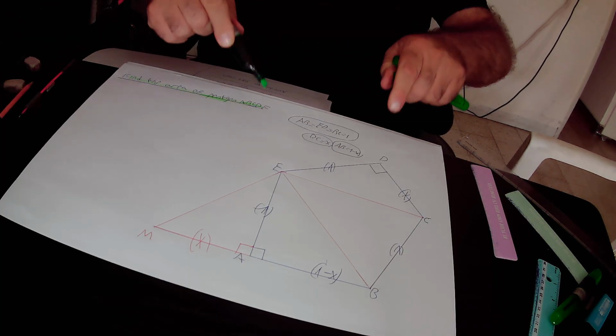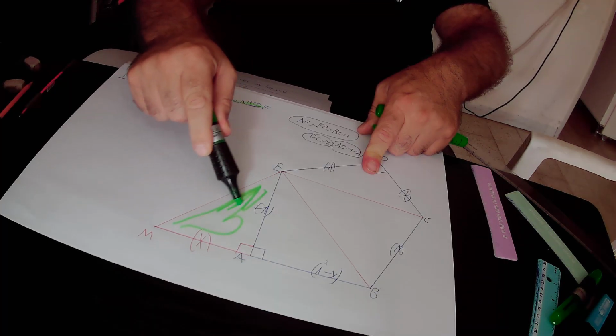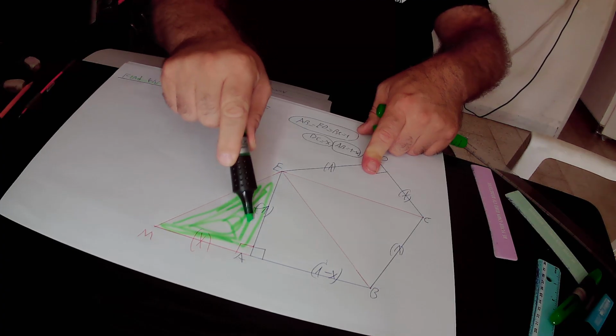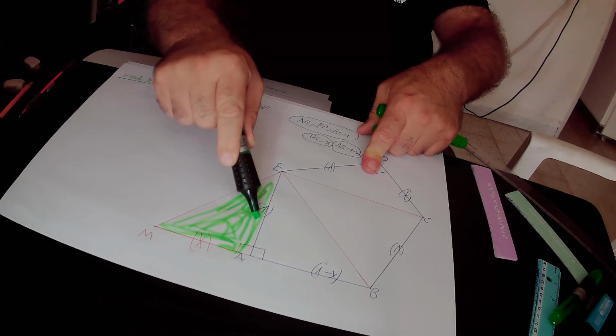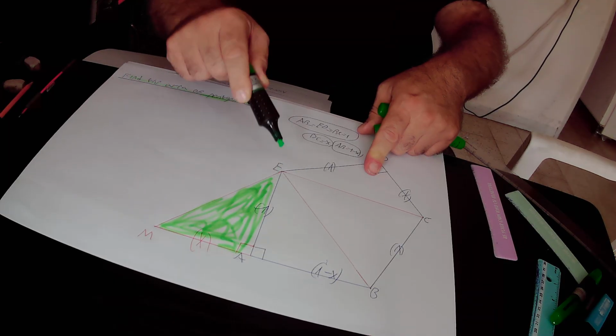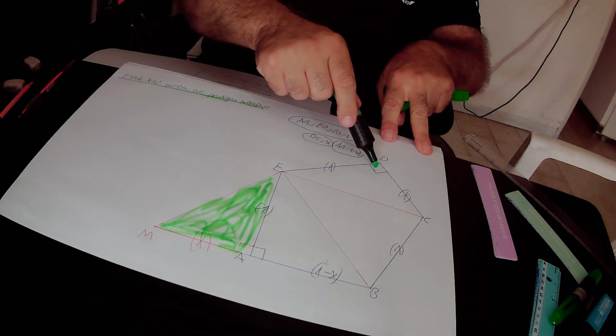So the area of this right green triangle EAM is equal to this right triangle EDC.